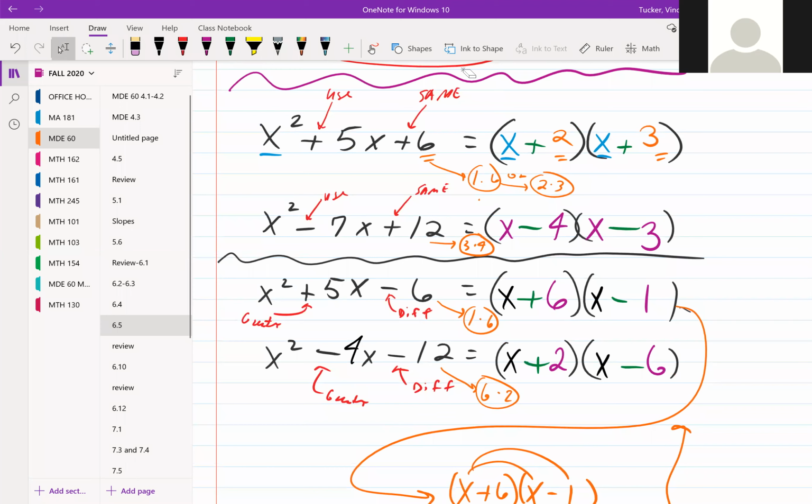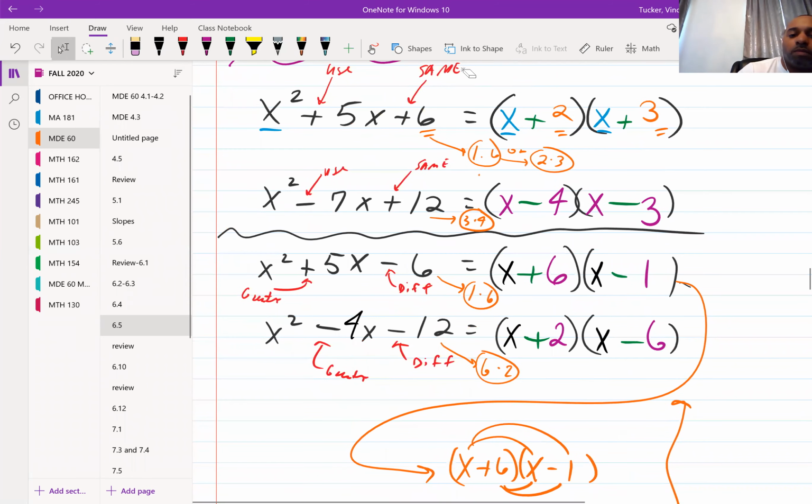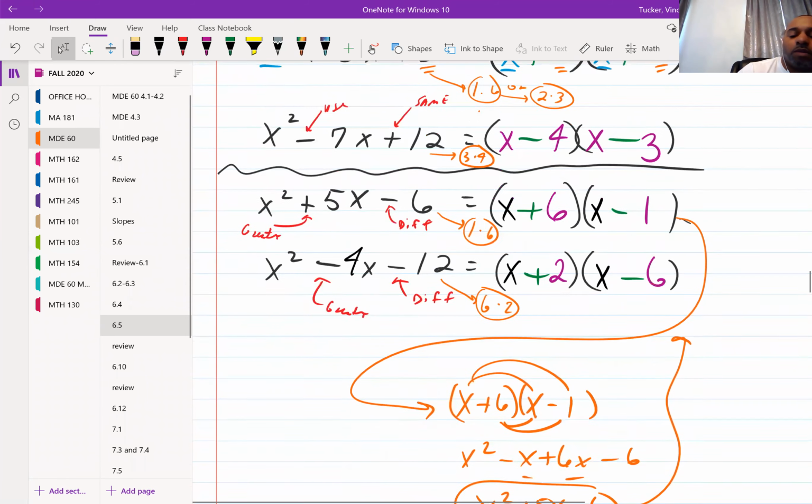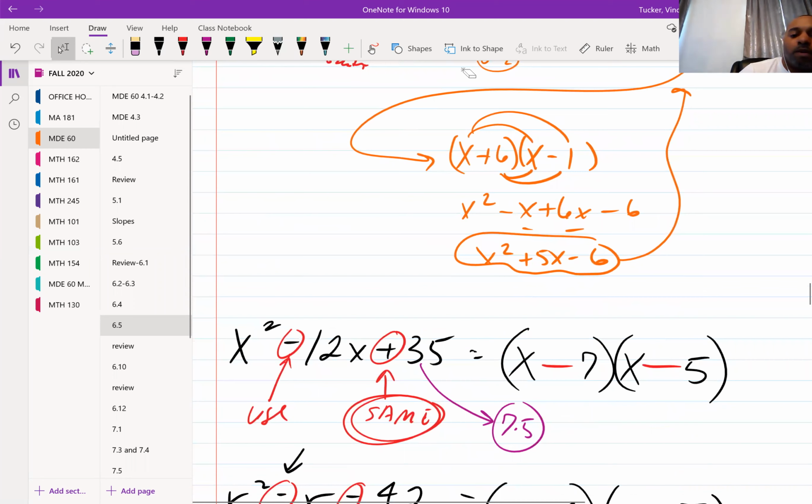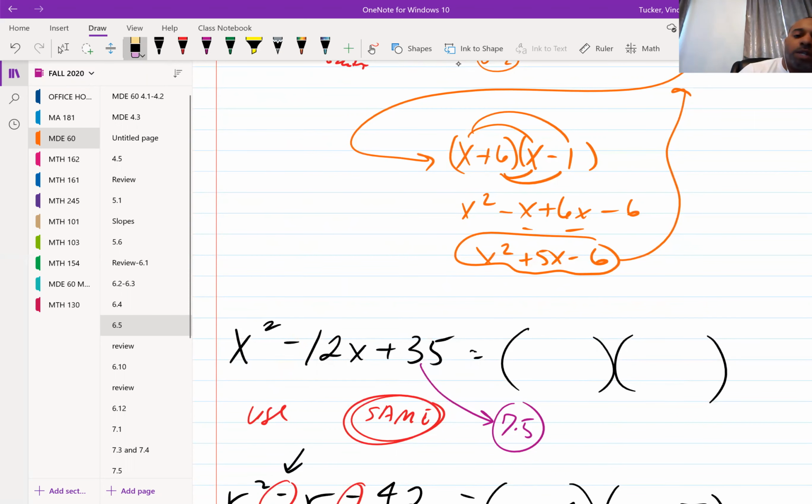All right. Make sure we're good before we do some more. So here we have x squared minus 12x plus 35.